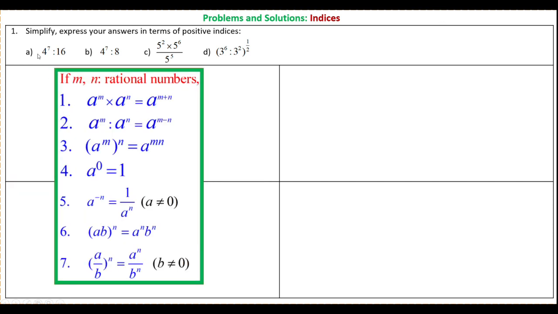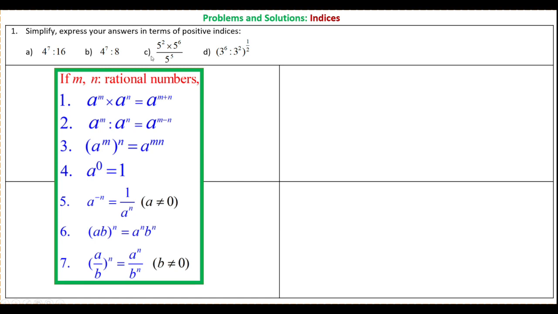To solve question 1a, it involves division, 4 to the 7 divided by 16, so we are going to use the second law here. The same for question 1b, 4 to the 7 divided by 8, which involves division, so we are going to use the second law.